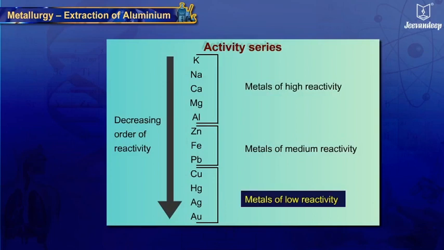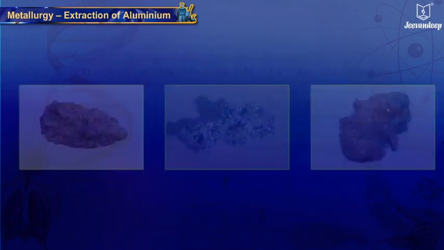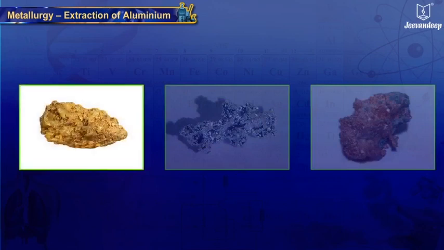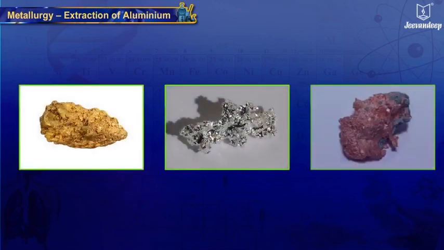Extraction of metals of low reactivity. Metals at the bottom of activity series such as copper, mercury, silver, and gold are the least reactive. Some of them are found in free state, example gold, silver, and copper.